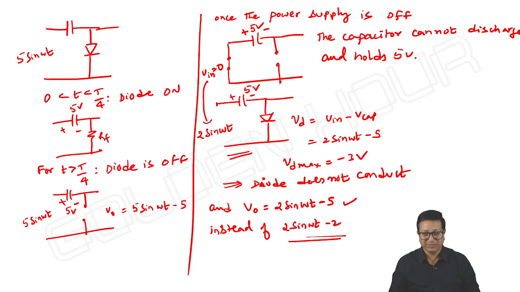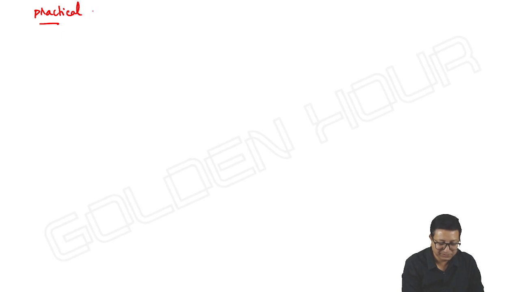So how to overcome this? To overcome this, I can write the practical negative clamper circuit.